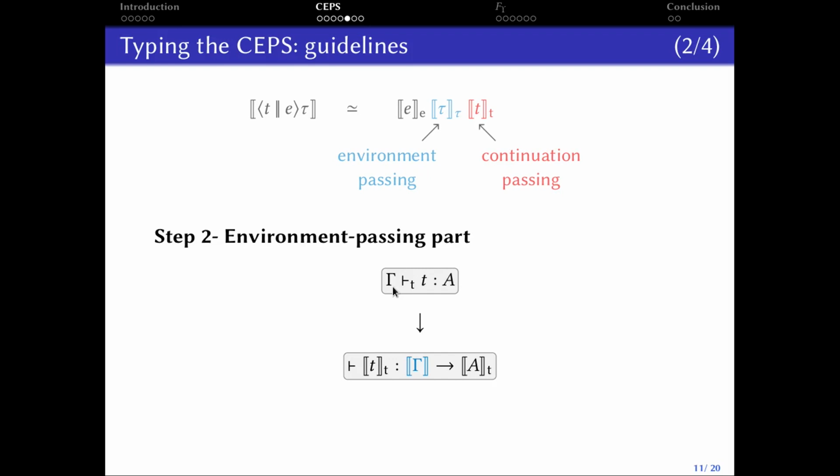So gamma is saying what should be the type of variables, and actually the environments that we are handling in the CPS and in the sequent calculus are some kind of explicit substitution. So the type of the explicit substitution should be the type of context, and saying that t is of type A under the context gamma is saying that t is waiting for a substitution of type gamma, so the translation of gamma here, to return a term of type the translation of A.